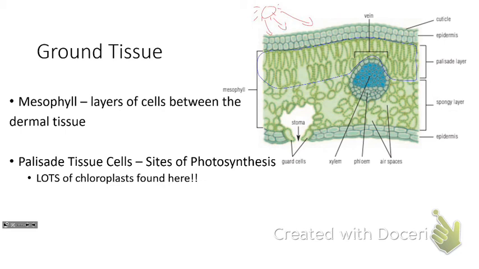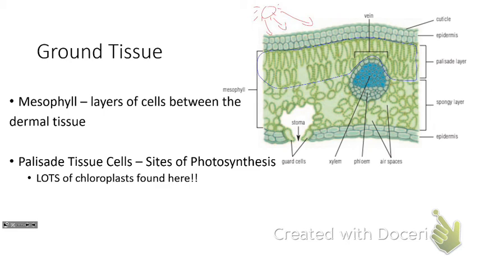Excellent answer. Plants want to arrange these so they can maximize photosynthesis, right? They want to be as efficient as possible. So we're going to have a tightly packed palisade layer close to the top of the leaf.